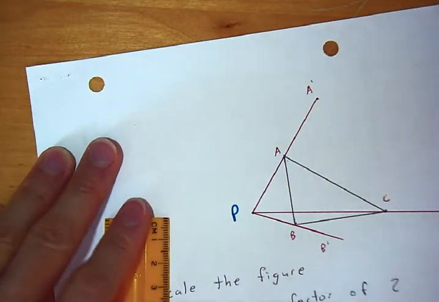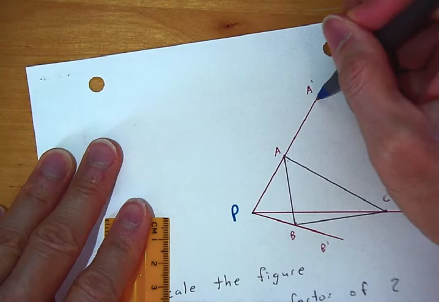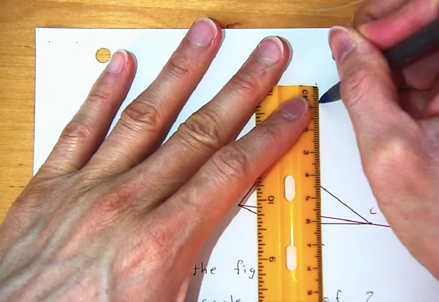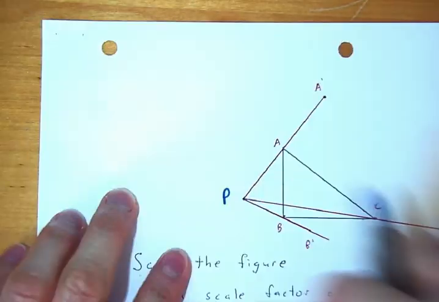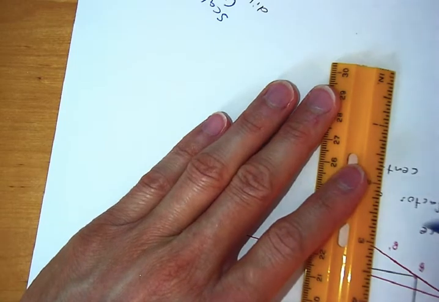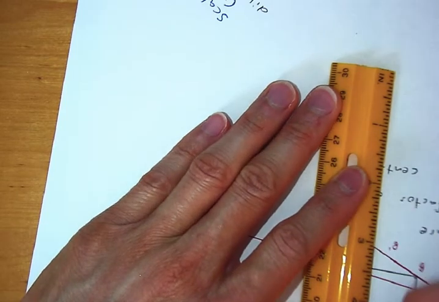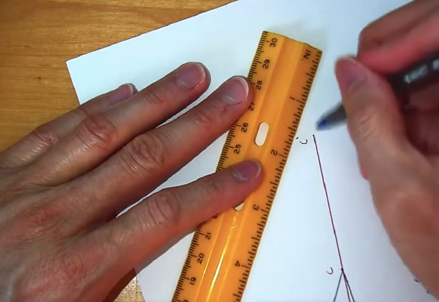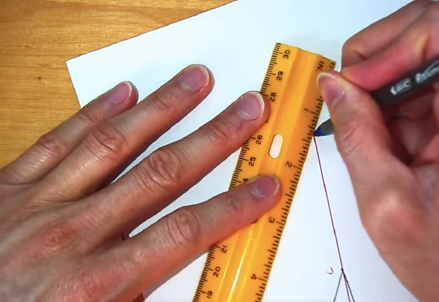Okay, so now if we were to connect A prime, B prime, C prime, it should look like the other figure, but 2 times bigger.